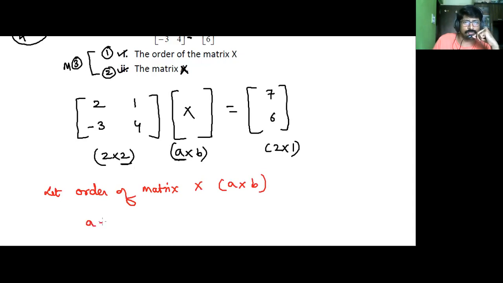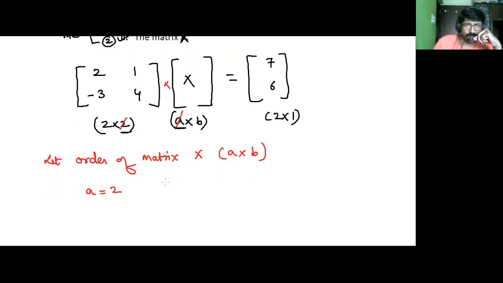A has to be equal to 2. Why? Because we have already multiplied these two matrices and got this as a product. That means this number has to be the same, then only we can multiply these two matrices. Otherwise, we cannot get this product. So A has to be 2. Everyone agreed? Anyone has doubt? I hope no doubts.